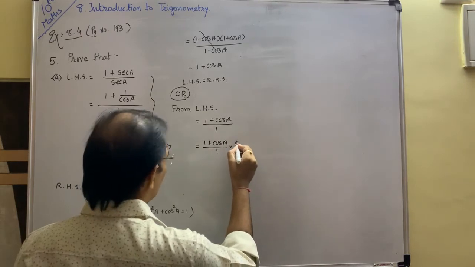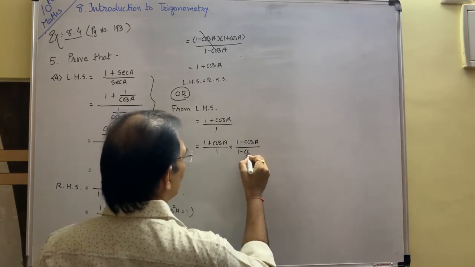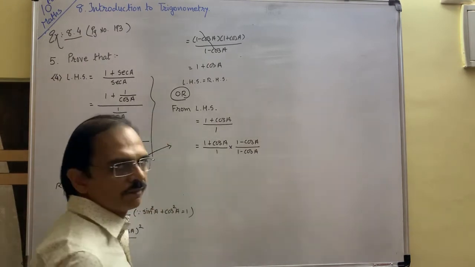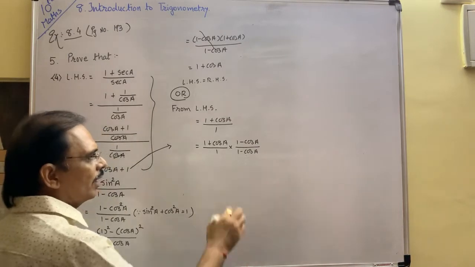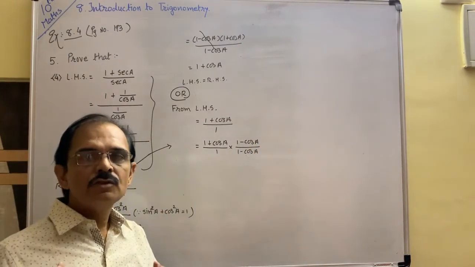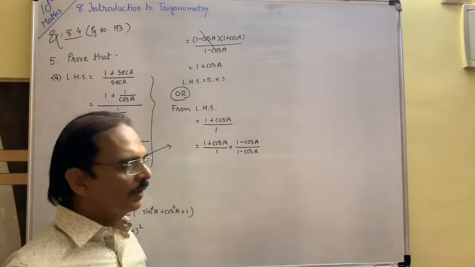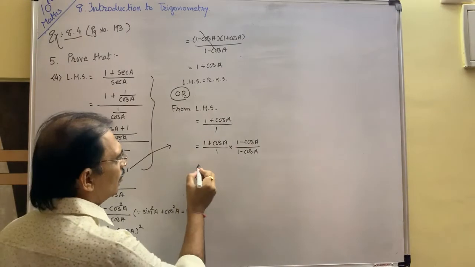Now multiply this by 1 minus cos A upon 1 minus cos A. Okay, because I need 1 minus cos A in the denominator, so I multiplied in numerator and denominator so that the question should not be changed. If it is cancelled, then the question remains as it is. Now this is what?